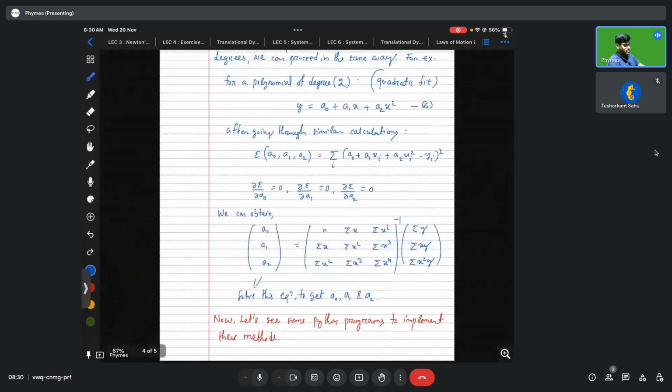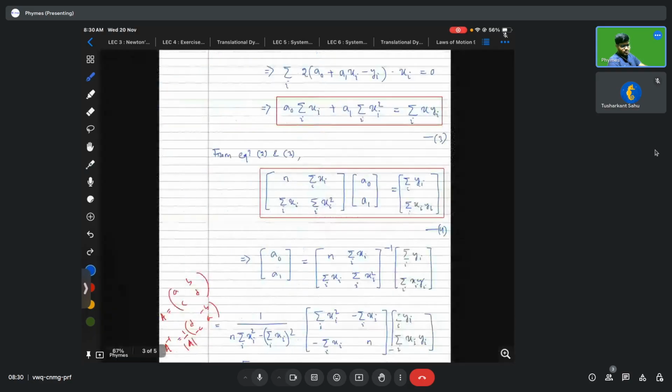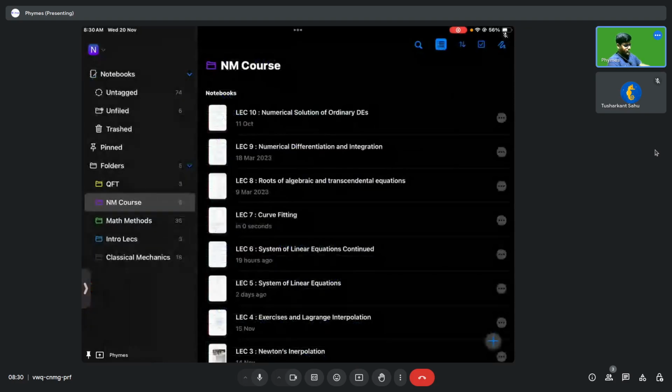So now let's see how to implement this in Python, the linear fit.